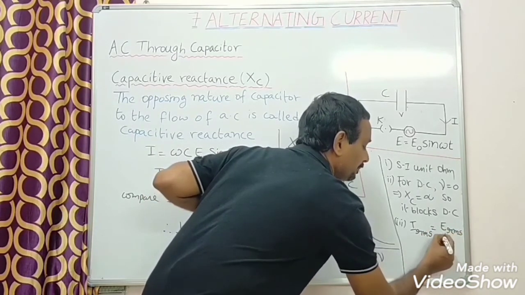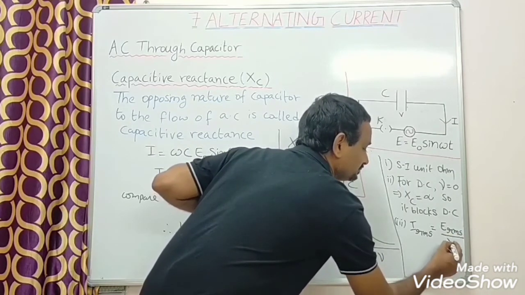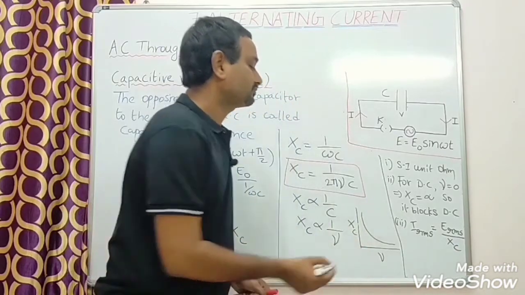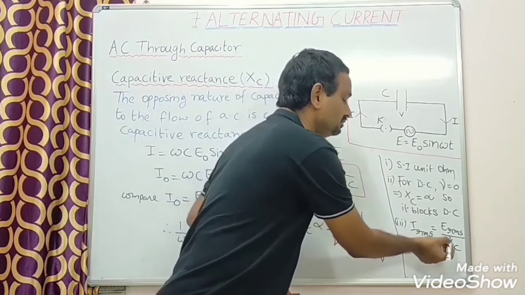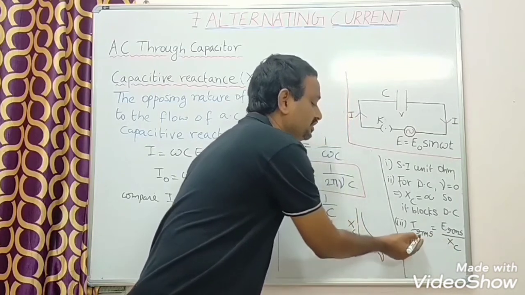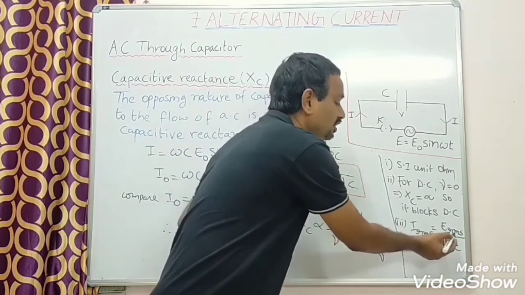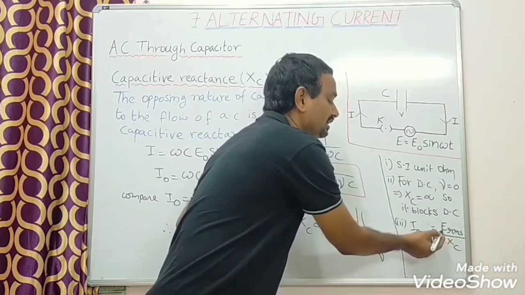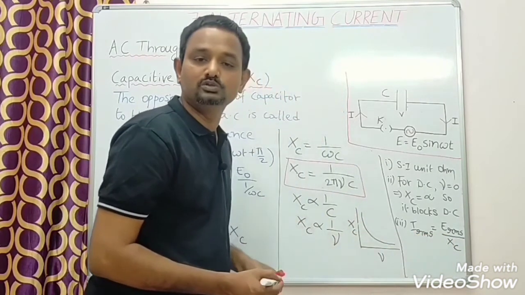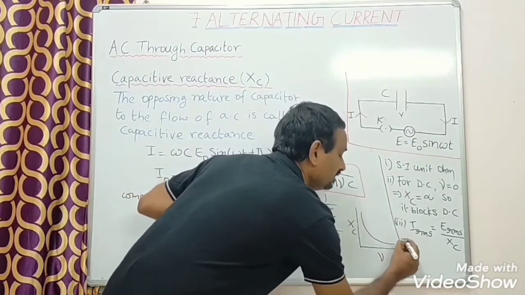IRMS equal to ERMS by XC. That means root mean square value of alternating current is equal to root mean square value of alternating EMF by capacitive reactance. How did I get that? Look at here.